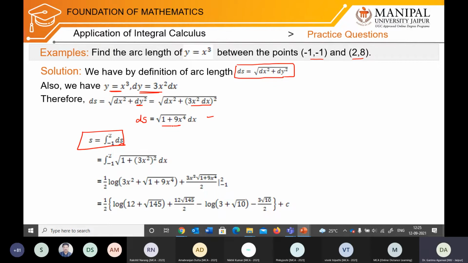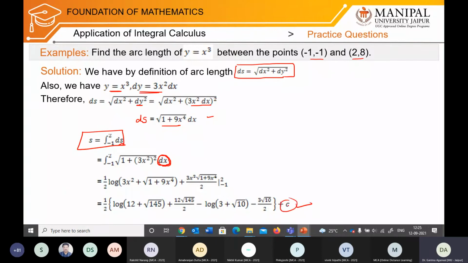Now the value of ds is root of 1 plus 9x raised to 4, or 3x square whole square, dx. For this dx I need to write the limit of x, so the limit of x is -1 to 2. Now just integrate this term and apply the limit.